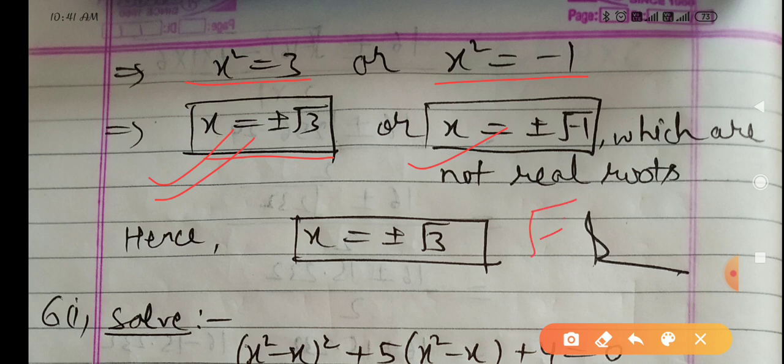Root minus 1, you know, is not a real number, because no number is there whose square is negative, because the square of a negative number is also positive. So the square root of a negative number does not exist; we can say it is not a real number. So the final answer is x equals plus minus root 3.